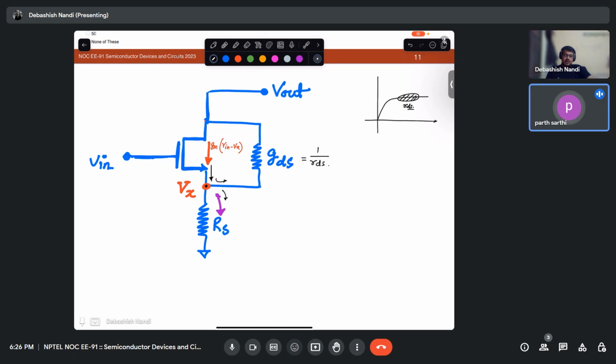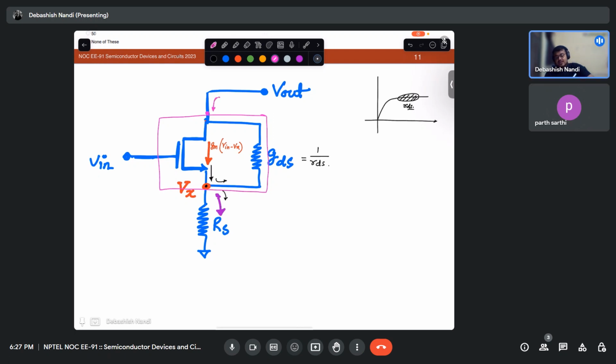Which direction will it go? How to see that? Consider that this is a box. What is the current coming in from this to this node?